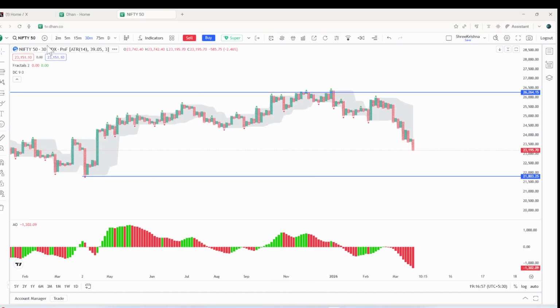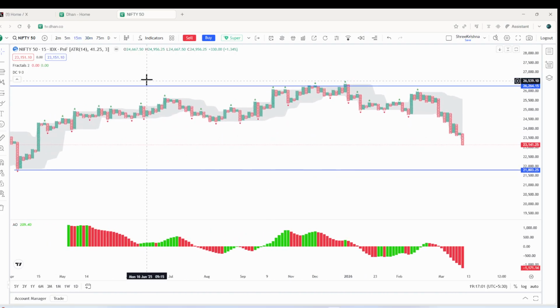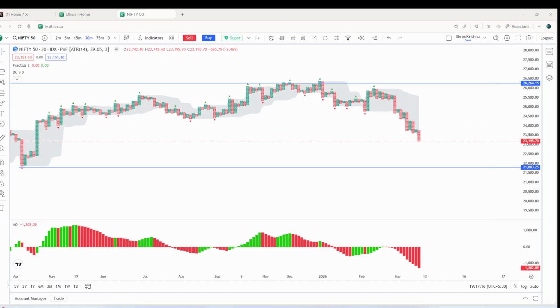You can reduce it to 15 minutes, but when you reduce to 15 minutes, the volatility goes up. You can see now for 15 minutes it is 41.25. Of course, 15 minutes is very good, no issue. But what we do is take 30 minutes, where the volatility contracts and proper decisions can be made, and the reversal is 3 bars.